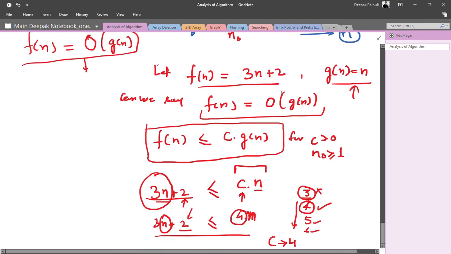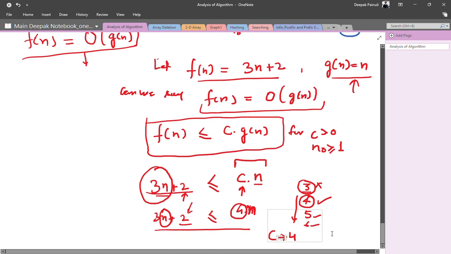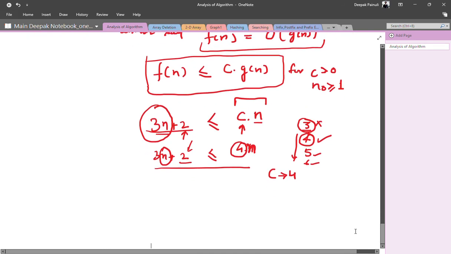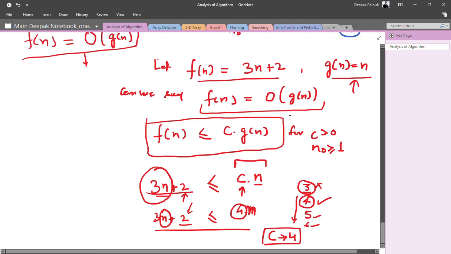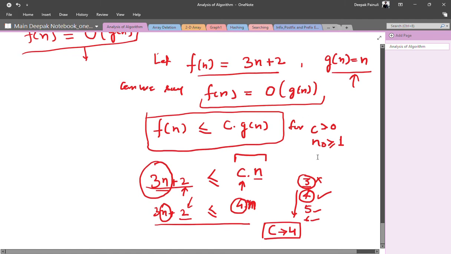That's why we considered 4 as the value of c. Now we got the value of c as 4. That means for the above assumed function, if we want to say that fn is big O of gn, the constant value for gn should be 4.